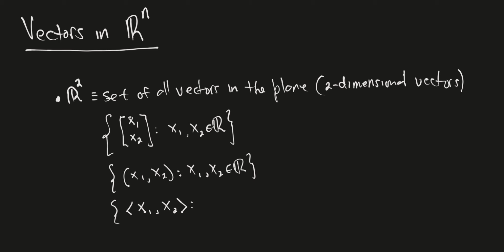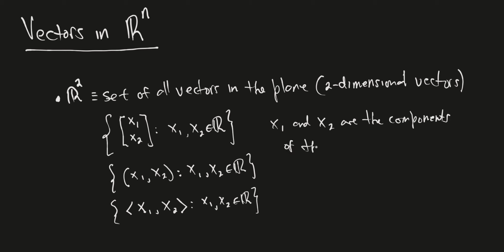It doesn't matter if I use square brackets or parentheses or angled brackets. It's the notion that I am representing a vector in the plane, and these are the components. So x1 and x2 are the components of the vector. And it makes sense that if you're in 2 dimensions, you should have two components.